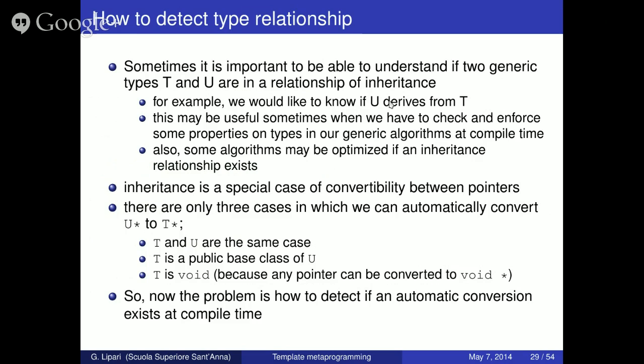So if you can automatically convert U star to T star, and T is not void, and U is different from T, then T is a base class of U. Okay? So now the problem is how to detect if an automatic conversion exists at compile time.